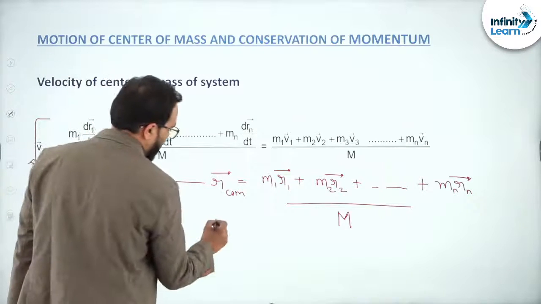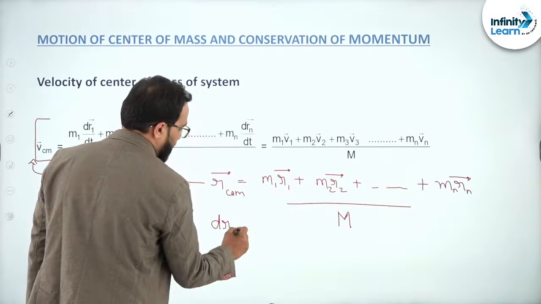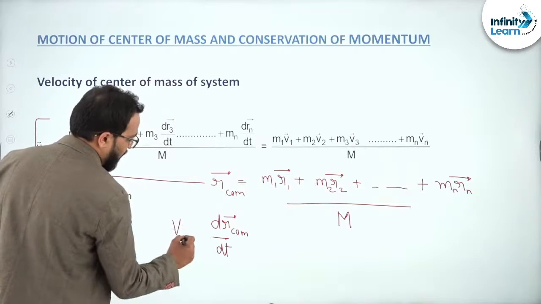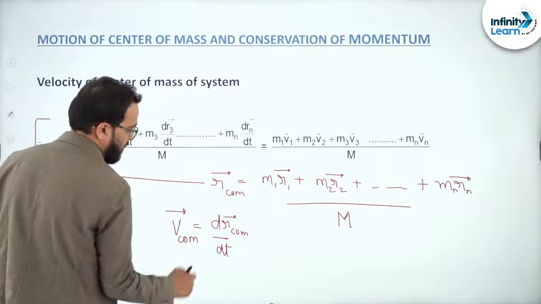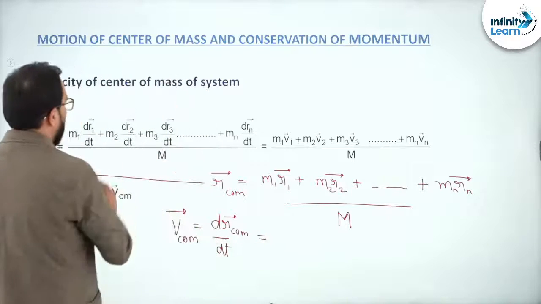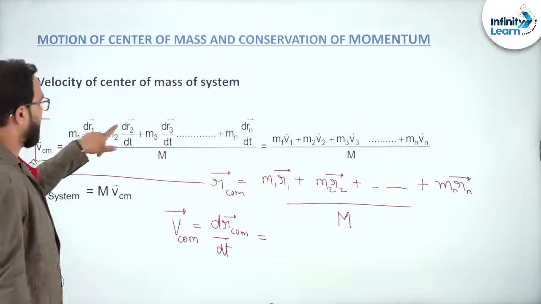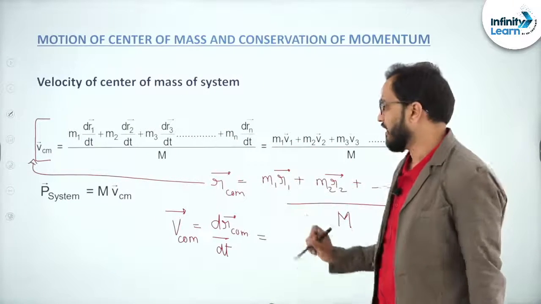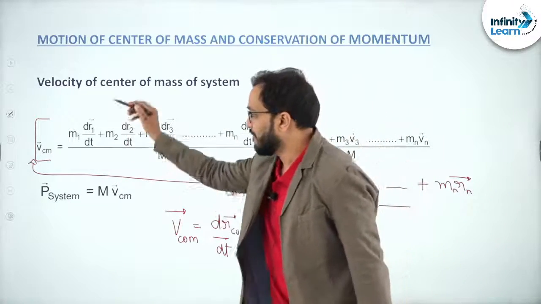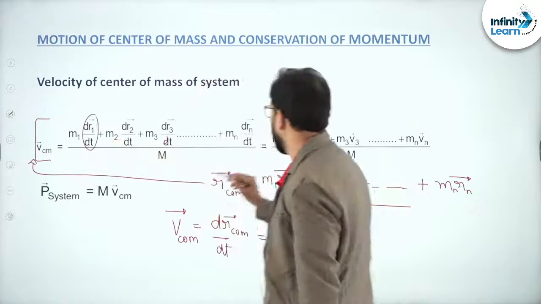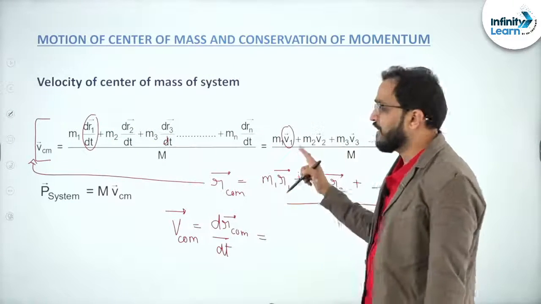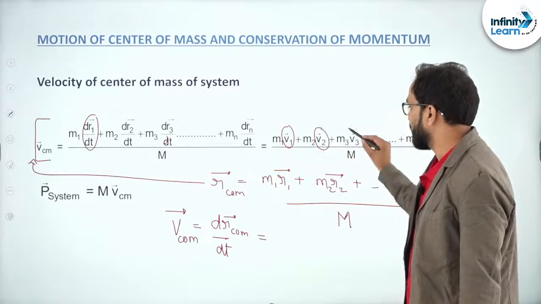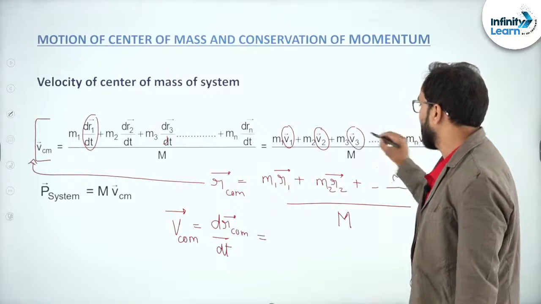Why? Because if you differentiate, it will become d r com by dt. Now what is this? This is velocity of center of mass, which will ultimately become like this: m1 dr1 by dt plus m2 dr2 by dt plus m3 dr3 by dt up till mn drn by dt, right? So this will become your velocity v1, that means velocity of the particle 1, this is the velocity of the particle 2, velocity of the particle 3, and so on.